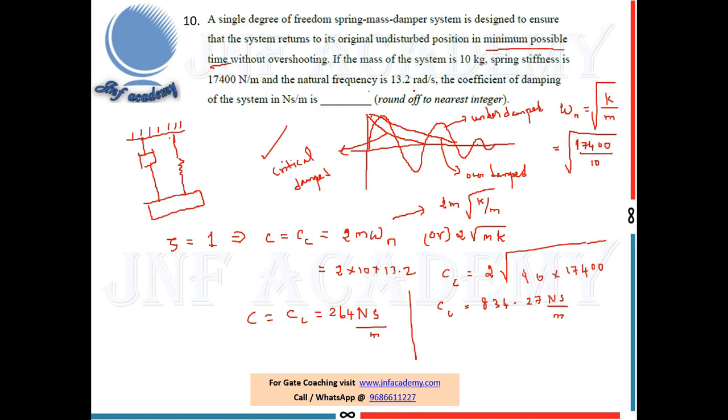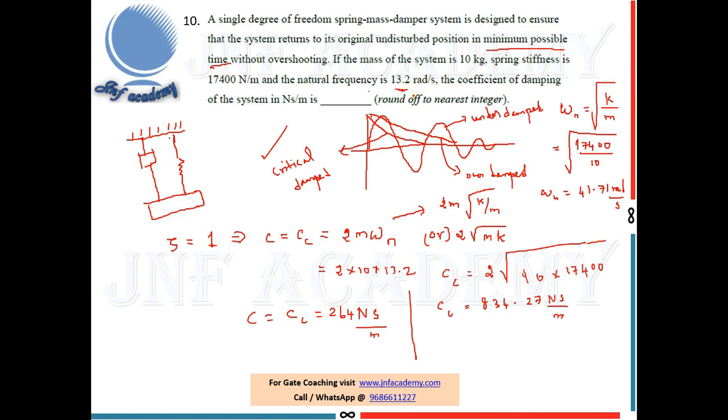That's a mistake. 17400 divided by 10, it is giving omega n equal to 41.71 radian per second. We have to get 13.2. The given data is wrong.